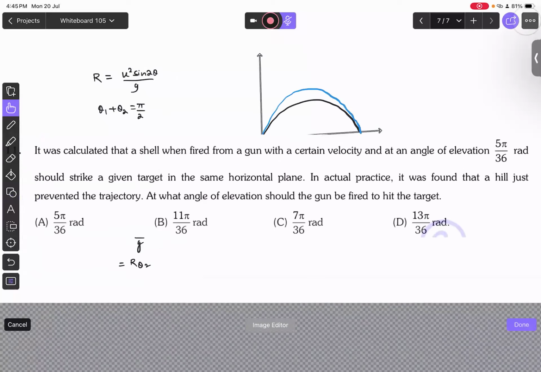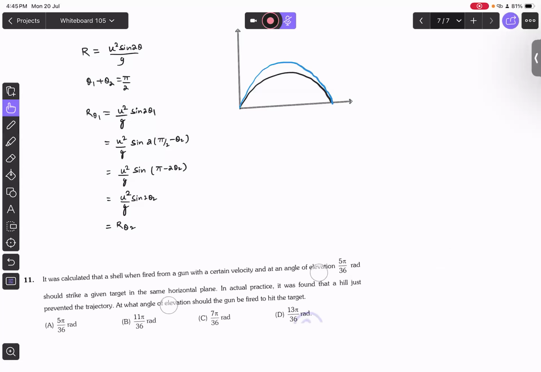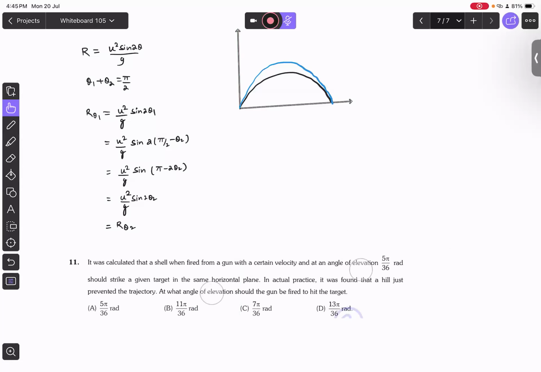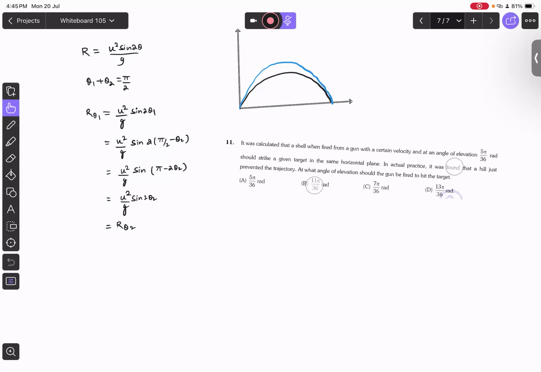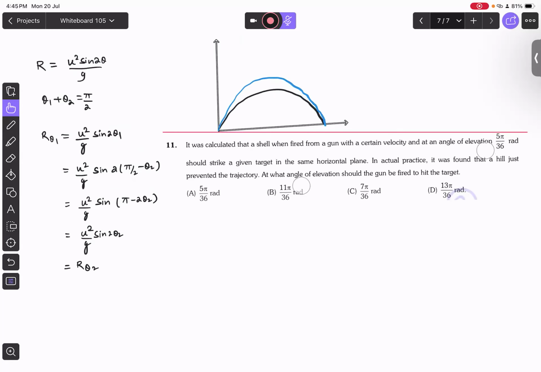So when we fire a projectile with some velocity at this angle, I get some range. For what angle are we going to see the same range? It will be some angle such that theta 1 plus theta 2 will be 90.